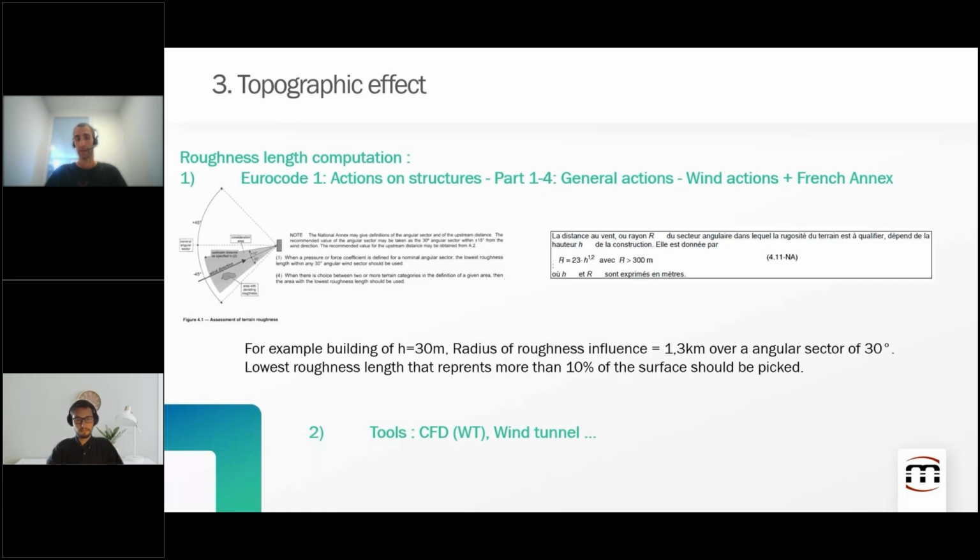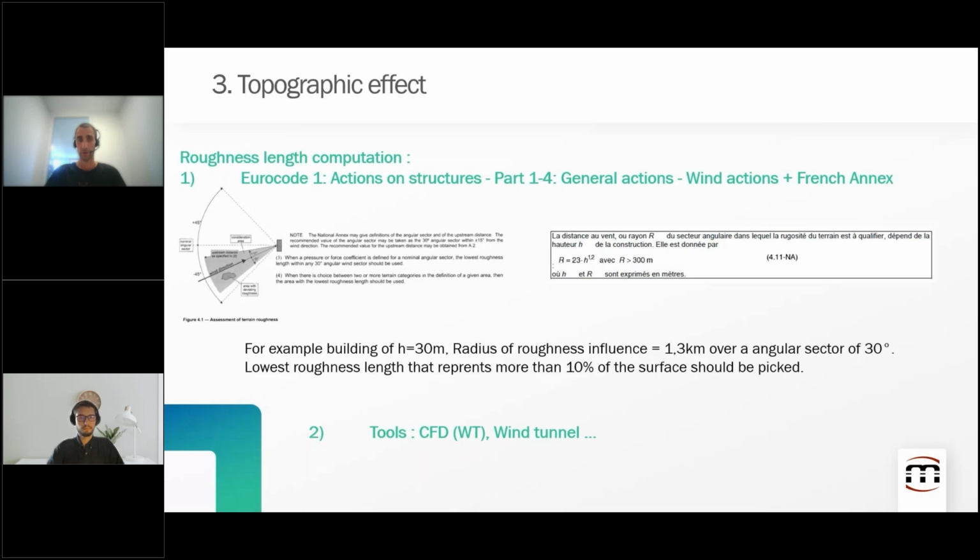If I have a building of 30 meters high, I can apply the rule here of radius equal to 23 multiplied by h to the power 1.2, with a minimum radius of 300 meters. With a height of 30 meters, it gives me a radius of about 1.3 kilometers around my building. So have a look within this radius, with sectors of 30 degrees.